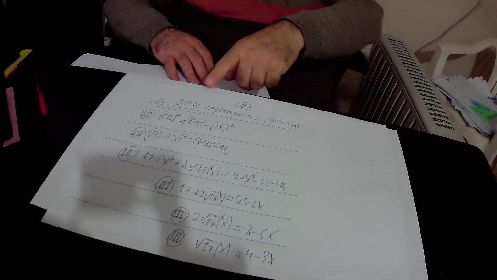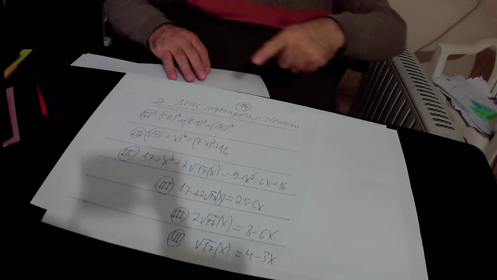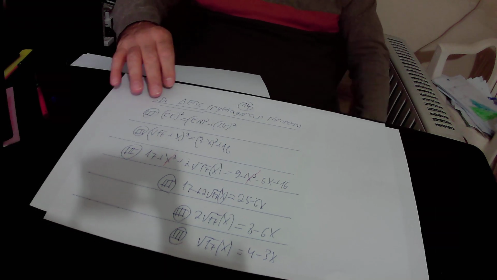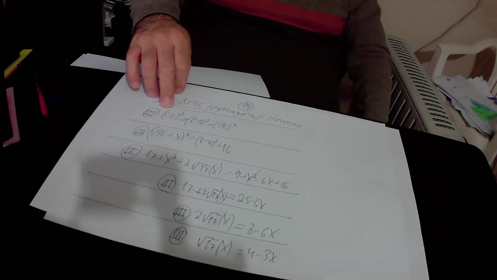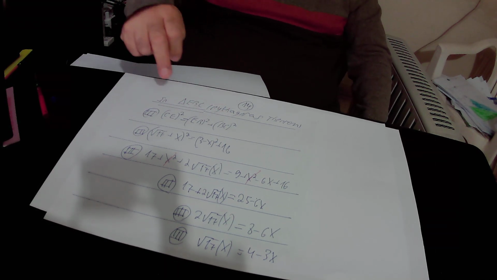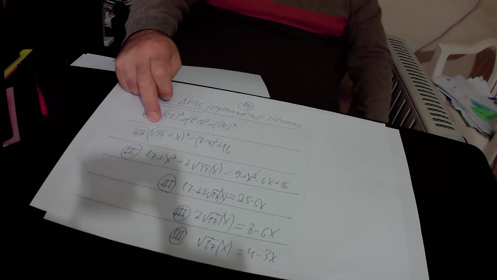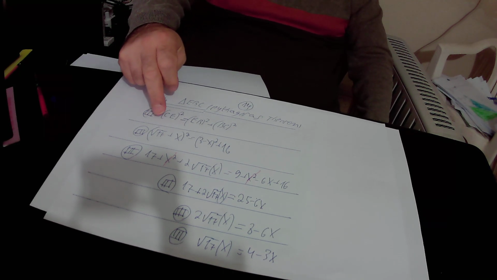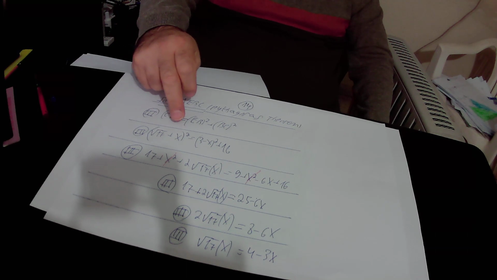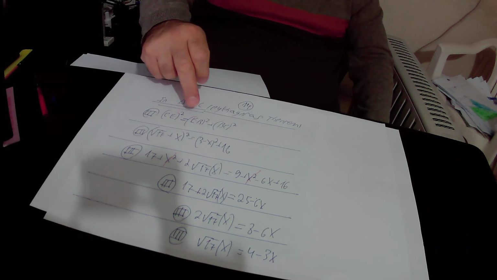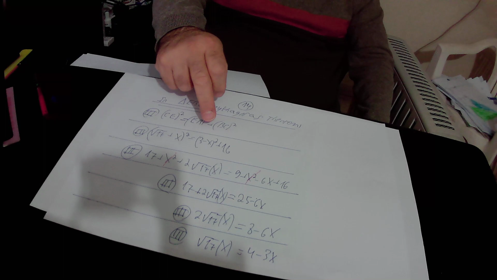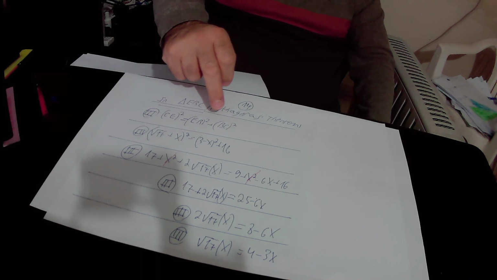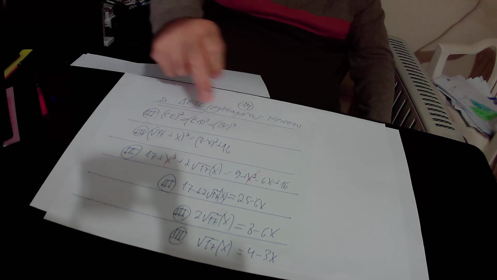The square of the hypotenuse equals the sum of the squares of the perpendiculars. The hypotenuse is CE, so CE square equals EB square plus BC square. CE equals square root of 17 plus x, so CE square equals square root of 17 plus x, squared, and EB equals 3 minus x, so EB square will be 3 minus x squared. BC equals 4, so BC square is 4 squared, which is 16.